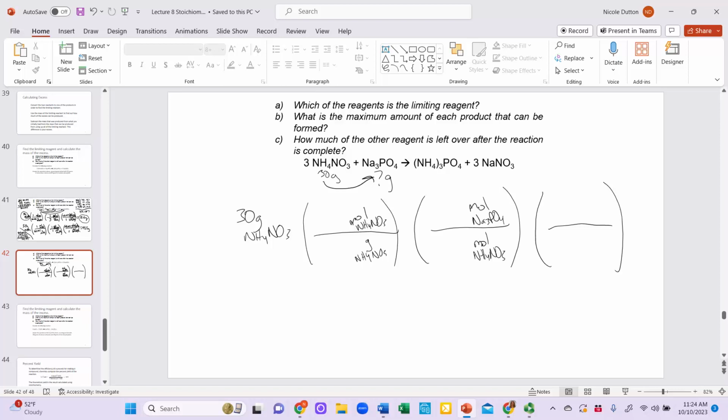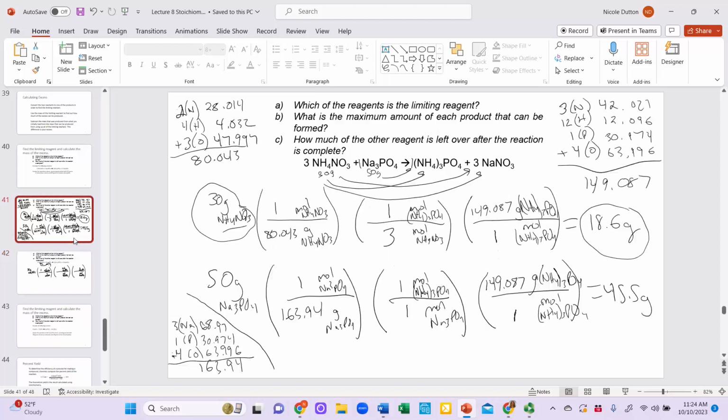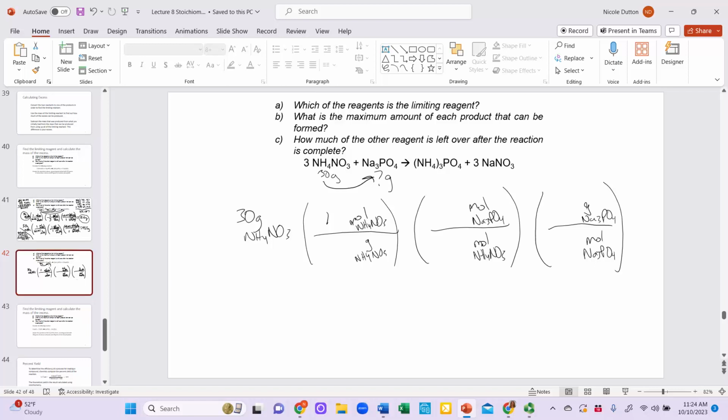And from moles of the new substance, we're going to go to grams of that substance. So 1 mole is equal to the mass from the periodic table. We calculated the mass of NH4NO3 to be 80.043 grams.